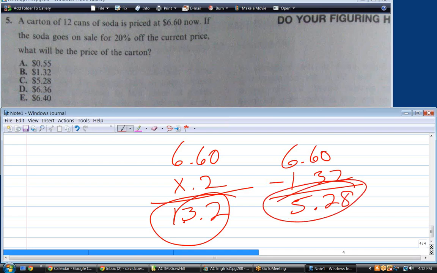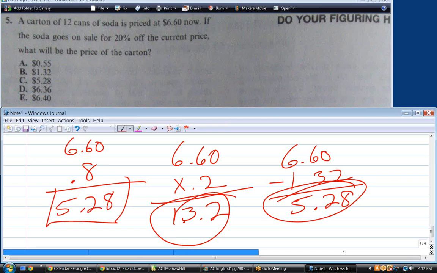But there's an easier way to do it. If you see something as 20% off, that means you're going to pay 80% for it. So since you have a calculator anyway, do that on your calculator, and that's going to come out to be the same number.